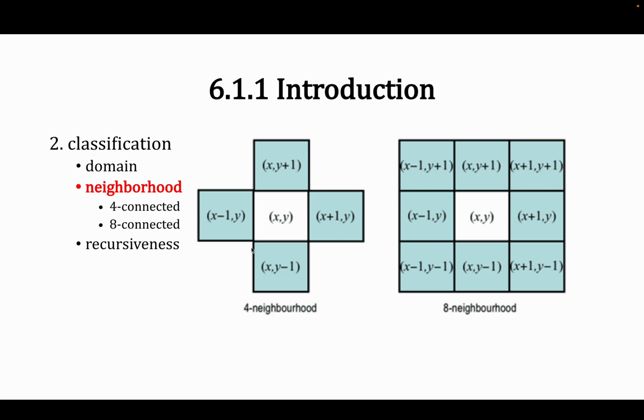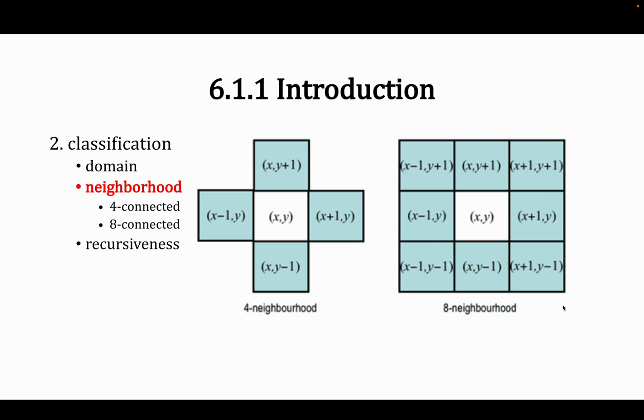A 4-connected pixel is a neighbor to every pixel that touches one of their edges. So this one touches the edge at the left, this one touches the edge at the bottom, this one touches the edge at the right, and this one touches the edge at the top.